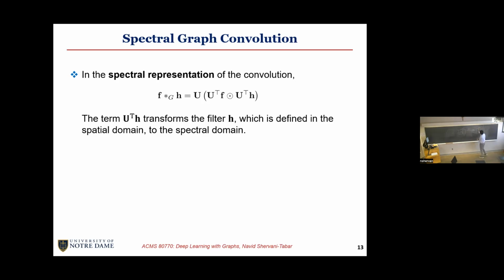Here I'm showing it indexed by different nodes of the graph, and on this axis, for instance, these are the different frequencies that we have, okay?